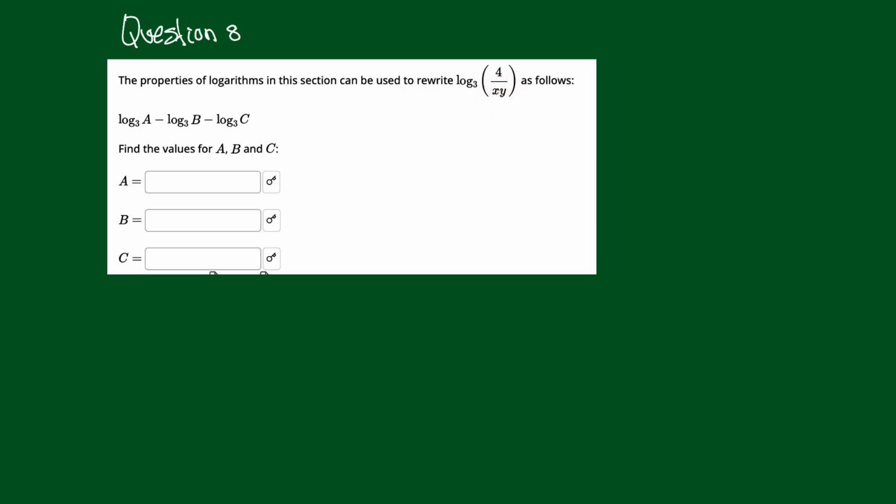This is going to be the log base 3 of the top, and then minus the log base 3 of the x, and then minus, because the y is still on the bottom, log base 3 of y. Now, A is the first argument, B is the second, C is the third. So we're going to have 4, x, and y. All right, so let's put those in. We'll get 4, x, and y.